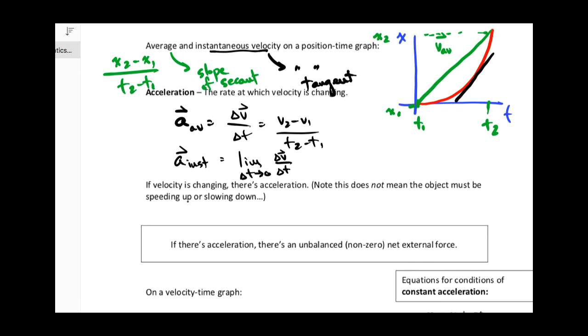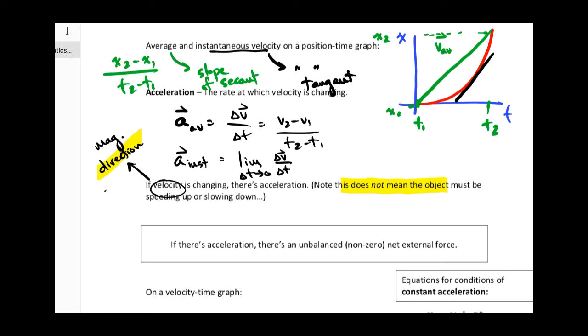Now, we also talked about how whenever velocity is changing, there's acceleration, but that does not mean that the object is speeding up or slowing down, because acceleration happens when velocity is changing. Velocity has two parts. It has a magnitude and it has a direction. And it's often intuitive to see that when the magnitude of the velocity, meaning the speed, is changing, there's acceleration, but you need to be mindful that if the direction is changing, then you've also got acceleration.